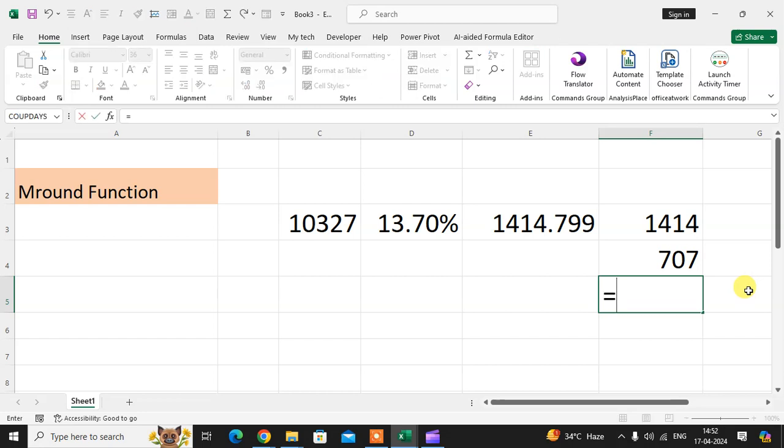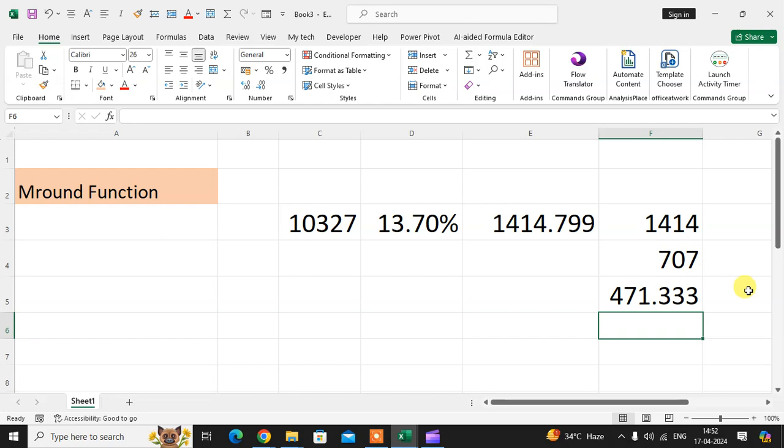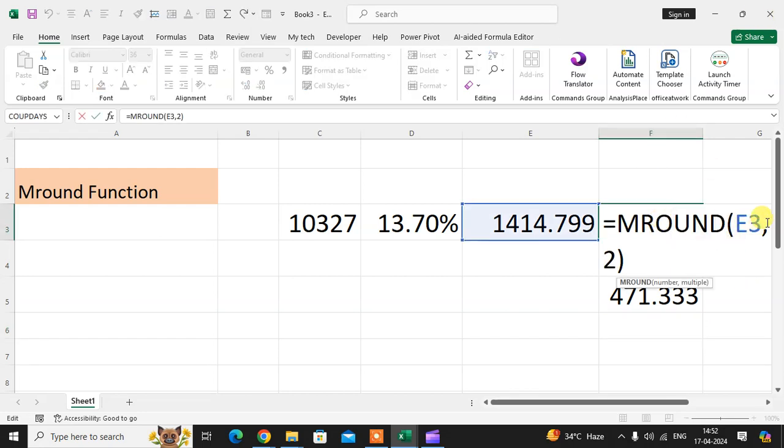If I divide this amount by 3, it gets the decimal. So mention here the number by which you want to divide the amount and round it off.